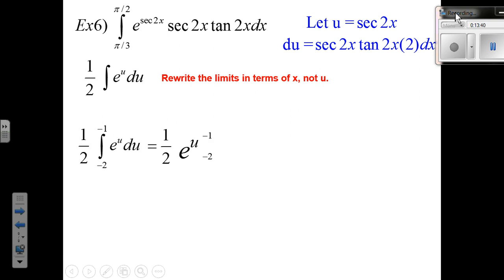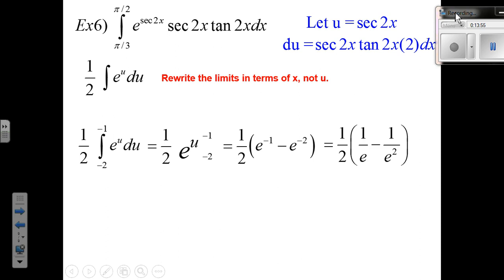So now we don't have to worry about plugging x back in for u. If I do the antiderivative of e to the u du, it's just e to the u. And now we're going to be plugging in -1 and then -2. So I have 1/2 in front, e to the -1 minus e to the -2.